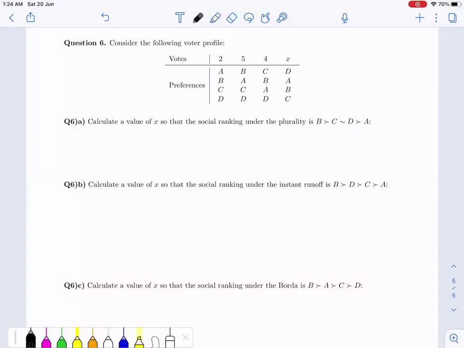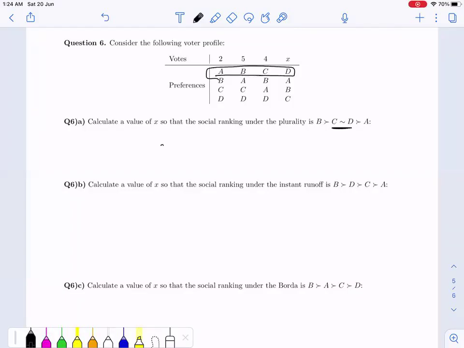So the first one is that you need to find the value of X so that the social ranking under the plurality system is this. So under plurality, you only look at the top row. So C and D tie under plurality.